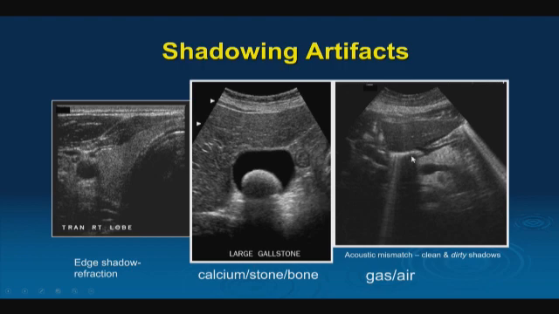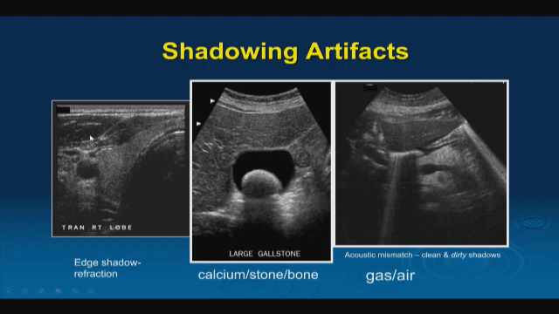As compared to the type of shadowing we see with lung or bowel, this is in the abdomen, this is bowel gas. See how it's kind of fuzzy? So that's a different type of shadow, and usually we'll see that move with peristalsis. And then we also have what's referred to as edge shadows. Edge shadows occur because the sound wave is interacting with a curved structure.